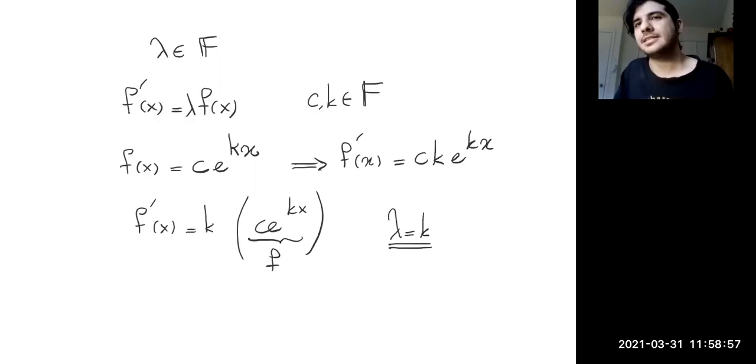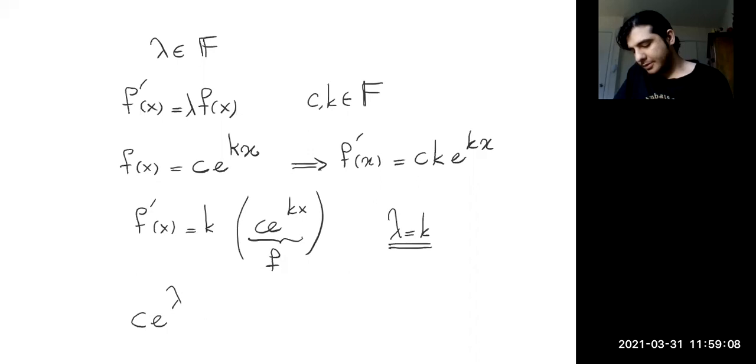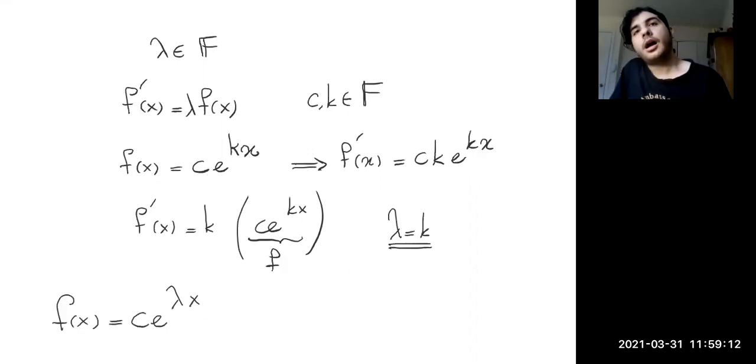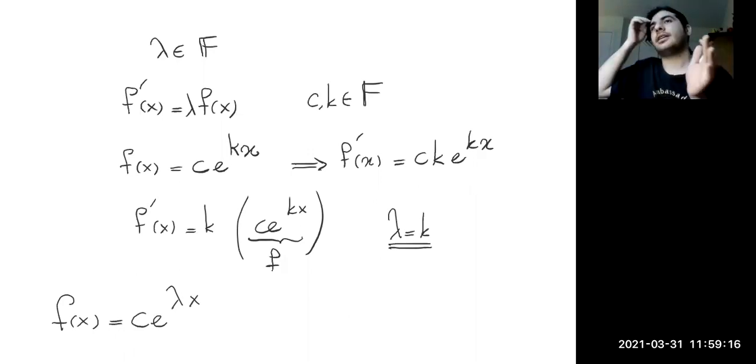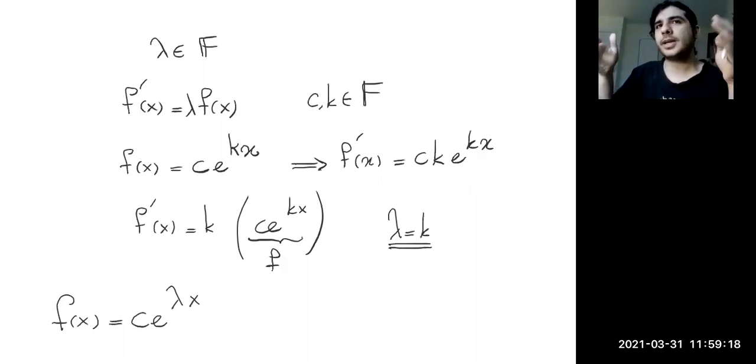The answer to the comment, yes, that is correct. So maybe rather than k, I would just write lambda now. So these functions are eigenvectors. Thinking about them as vectors in this infinite dimensional vector space, they're eigenvectors with eigenvalue lambda.